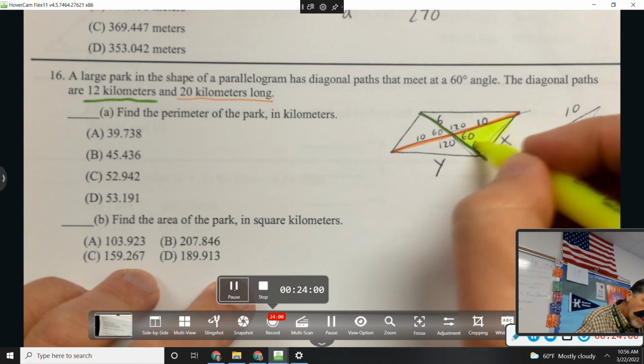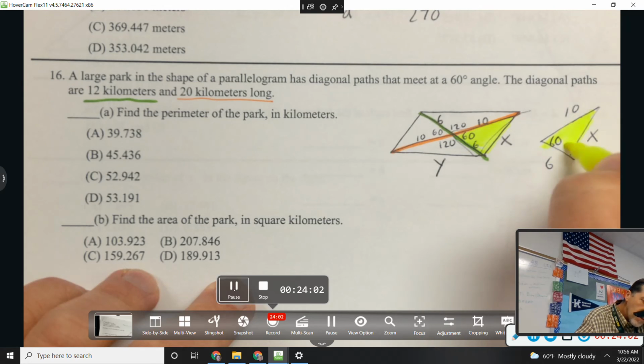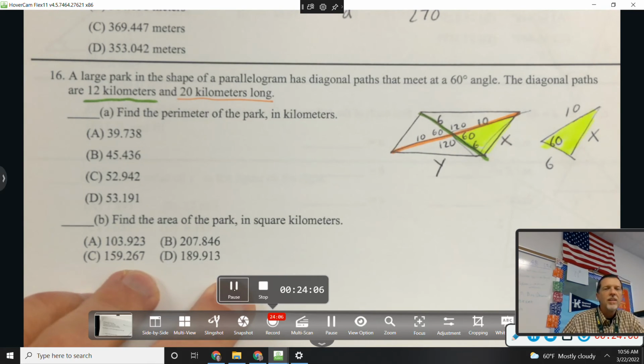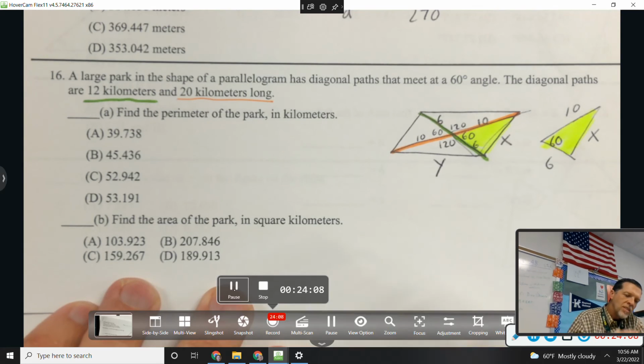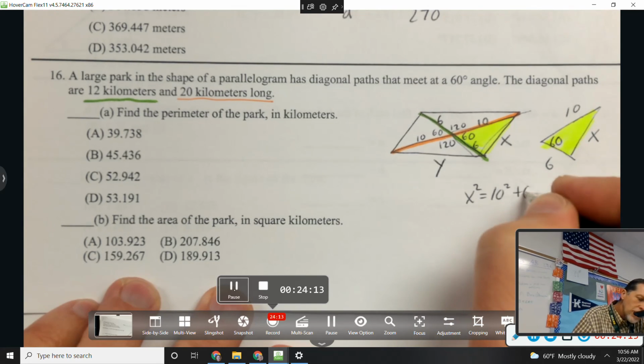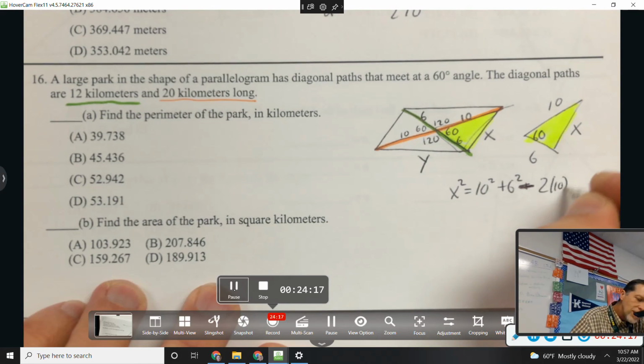Is this triangle. So what can I do to find x? Law of cosines. x squared equals 10 squared plus 6 squared minus 2 times 10 times 6 times cosine of 60.